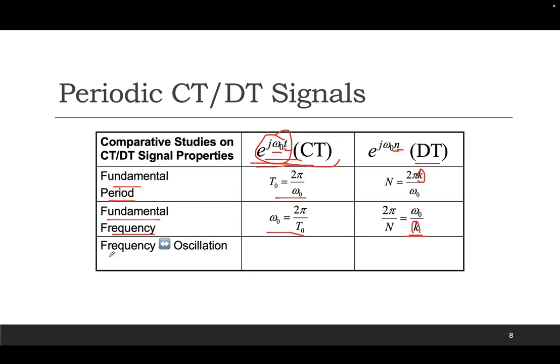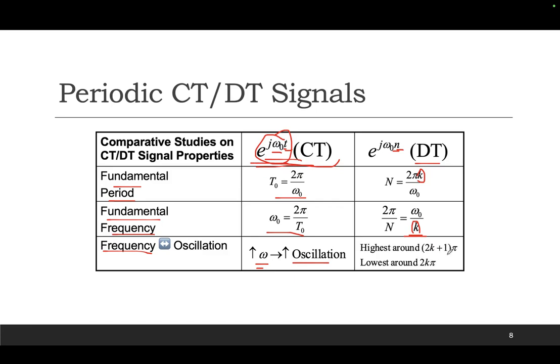And then for the relationship between frequency and oscillation, for continuous signals it's easy to get. Omega naught is just the frequency. If the frequency increases, the oscillation will increase. But for DT signals, it's not like that.